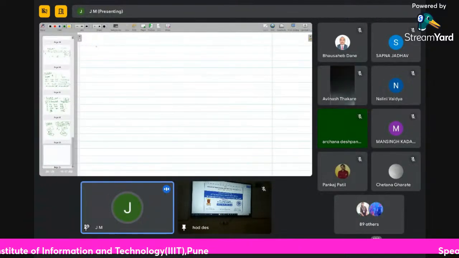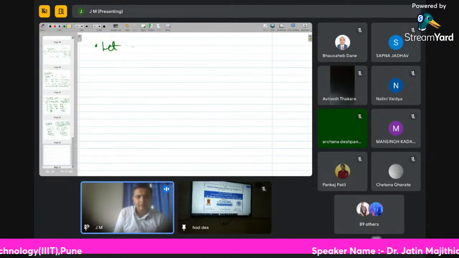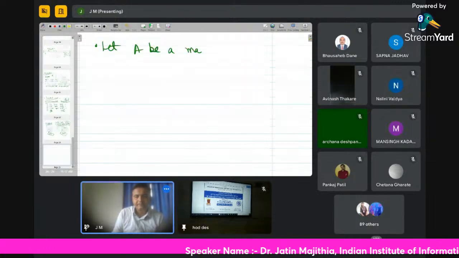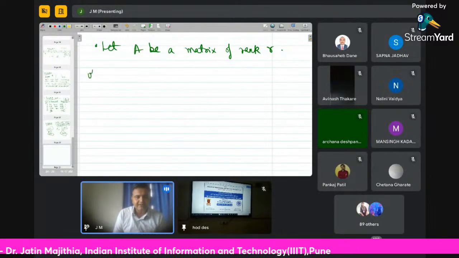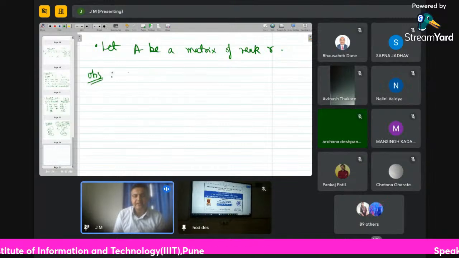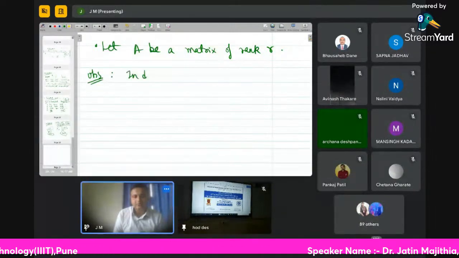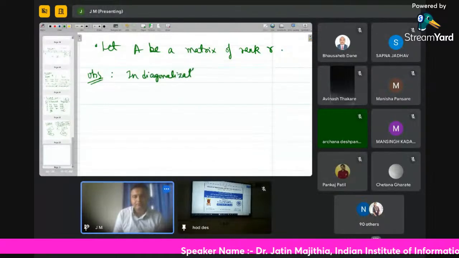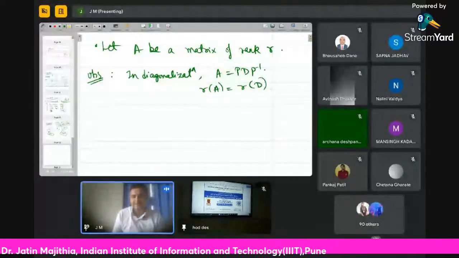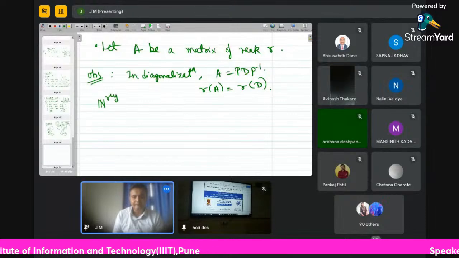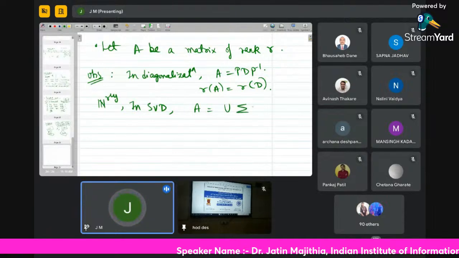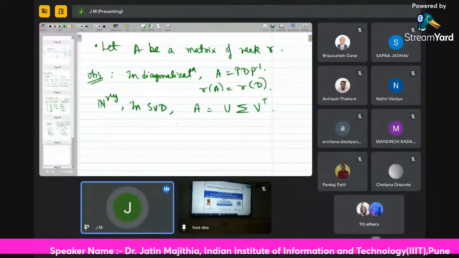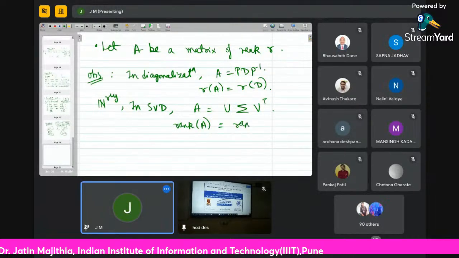So let A be a matrix of, say, rank r. One more thing to observe here is, in diagonalization, if my A is P D P inverse, then the rank of A is the same as the rank of D. Similarly, in SVD, if my A is written as U sigma V transpose, then the rank of A is the same as the rank of sigma.